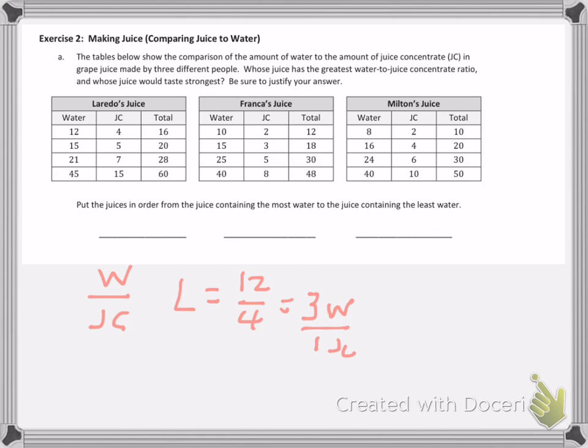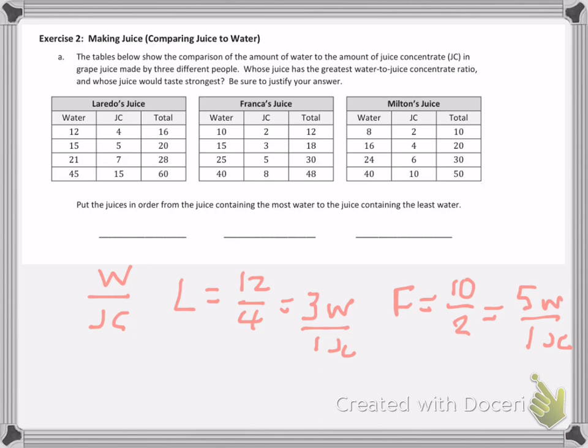And then if I check out Franca, Franca is 10 parts water to 2 parts juice, which is 5 water to 1 juice. So now we can see that Franca's is a little more watered down than Laredo's.